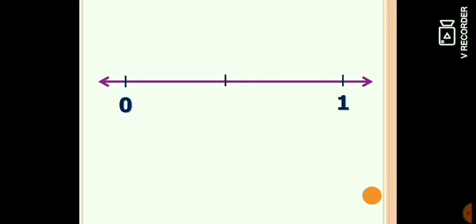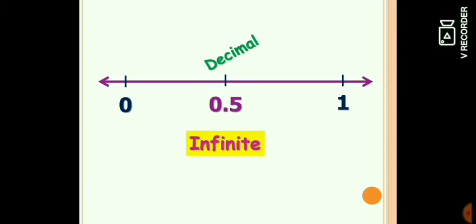So actually between 0 and 1 we can find decimals, like here in the middle between 0 and 1 we have the half, so it's 0.5, and we said the decimal numbers like 1/10, 1/100, 1/1000, 1/10,000 and so on. So the decimals here have no end, so we call them infinite.